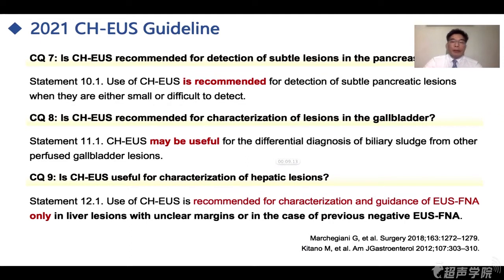It may be useful for the differential diagnosis of biliary sludge from other perfused gallbladder lesions. 11. It is recommended for characterization and guidance of EUS-FNA only in liver lesions with unclear margin, or in the case of previous negative EUS-FNA.